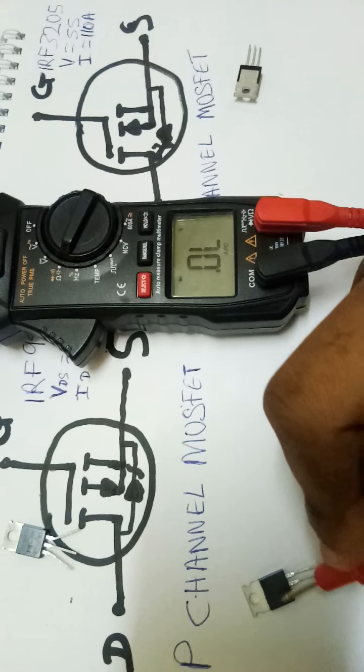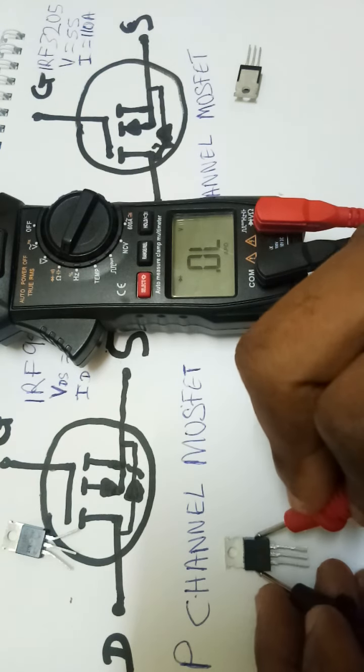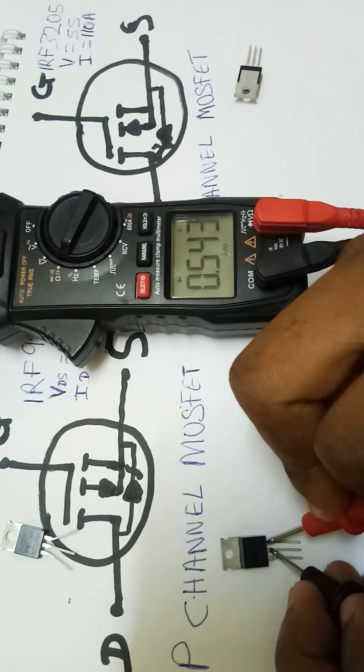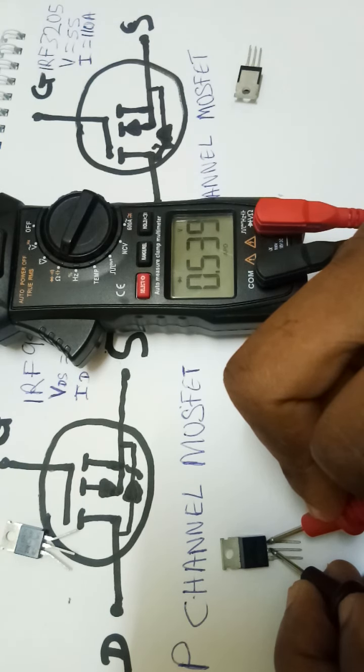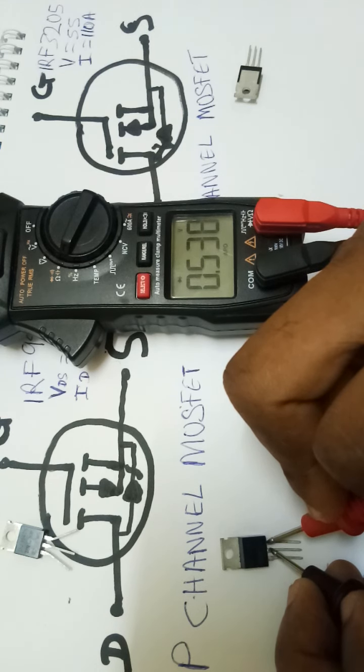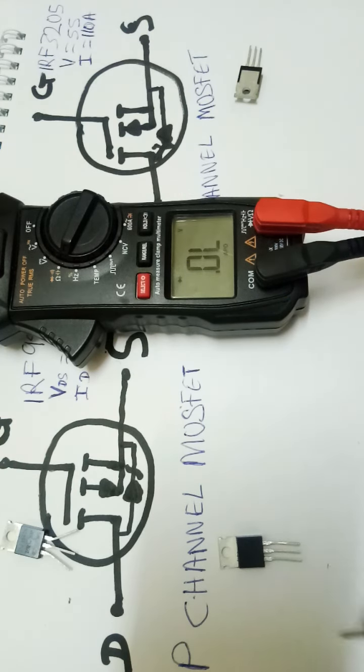Red probe on the source, black probe on the drain. It shows the reading falls within the range of 0.4 to 0.9. 0.5, the reading is perfect. This reading shows it is an N channel MOSFET. But when I turn around the probe, it's not supposed to show any reading.